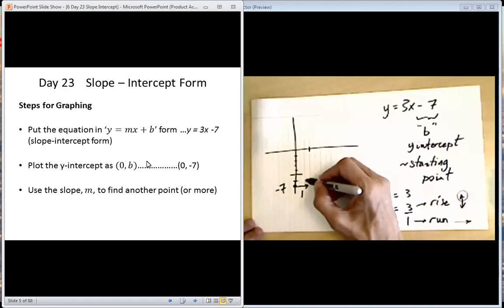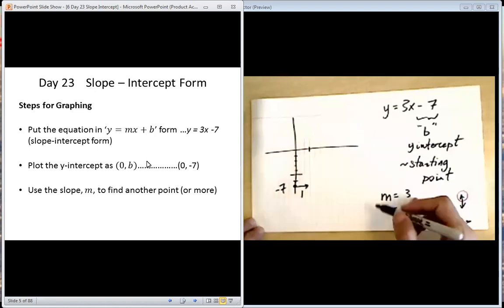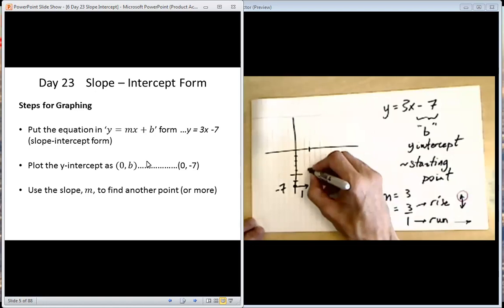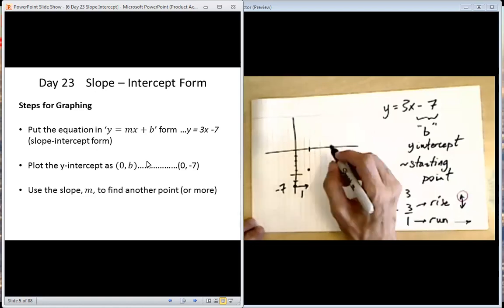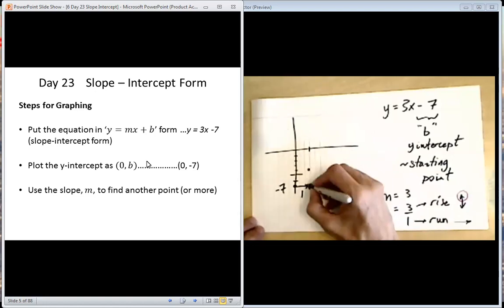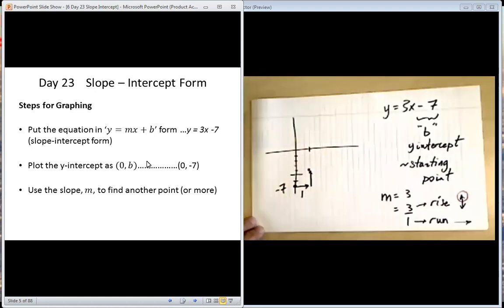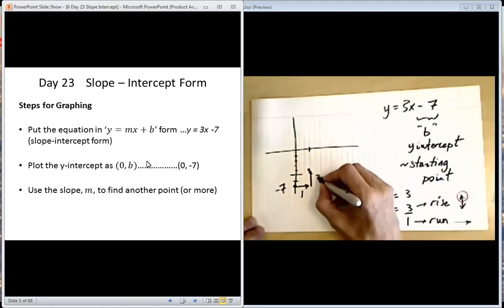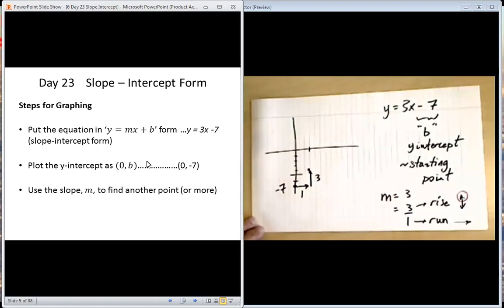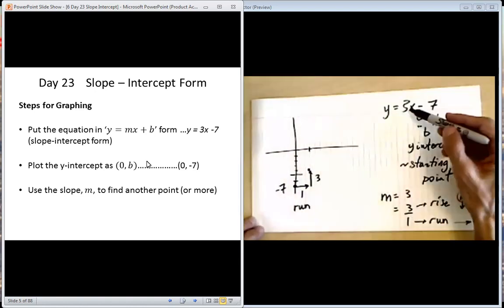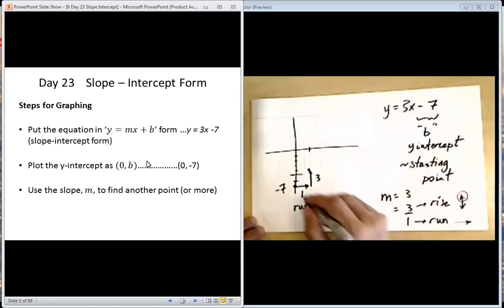Up by 2, we're at -5. Up by 3, we're going to be right there, -4. See, the run that we had from the slope over there, and then the rise as well.